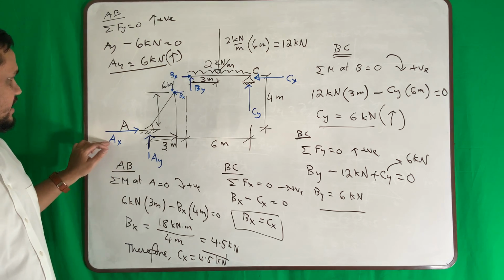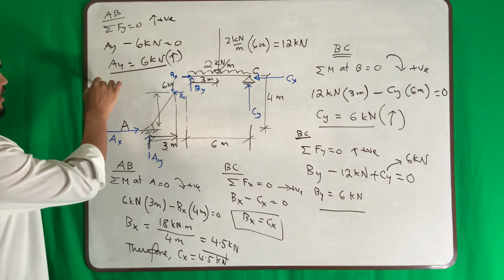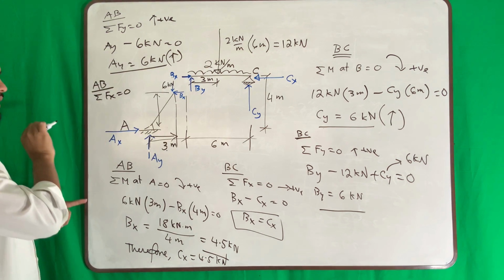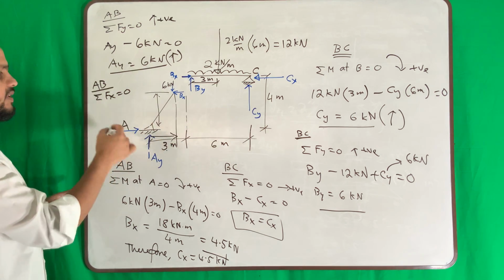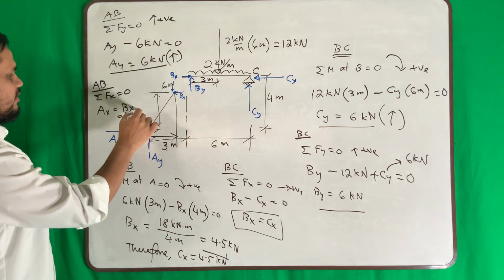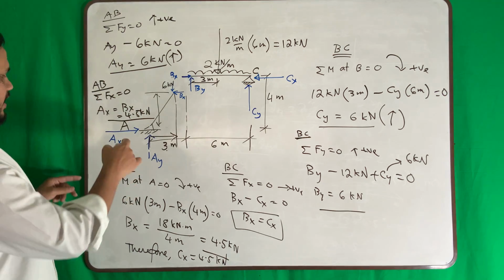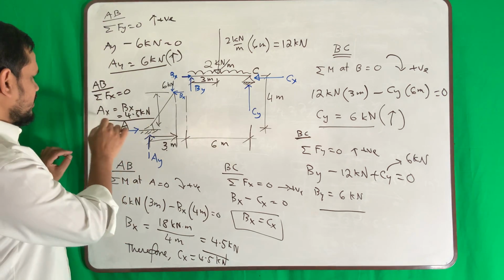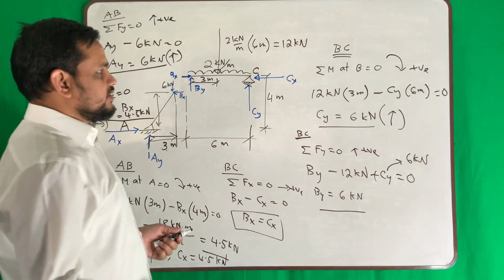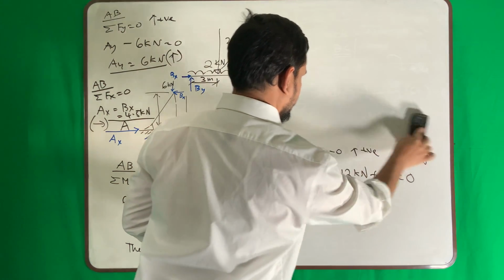What is left? Ax. If I consider AB again, and if I apply summation of Fx is 0, Ax equals Bx. So Ax equals Bx, and we found that value is 4.5 in the past. So I got Ax also, and I got a positive number. That means the direction is this. Okay, so I will erase some portion here.